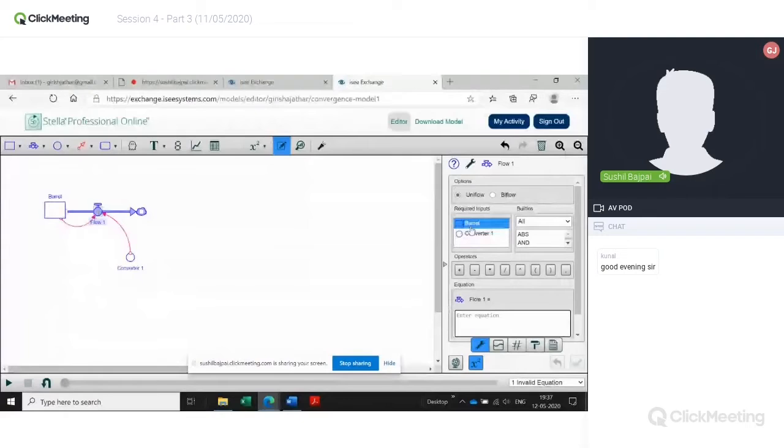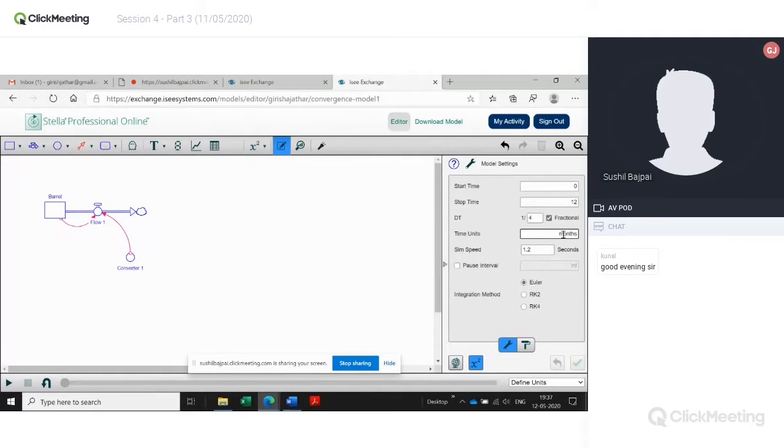So our time units will be minutes, and the unit of the barrel will be liters. Instead of months, make the time units minutes. And the start time, we can make it 50 minutes. The stop time, yes, because we want to run the simulation for 50 minutes.